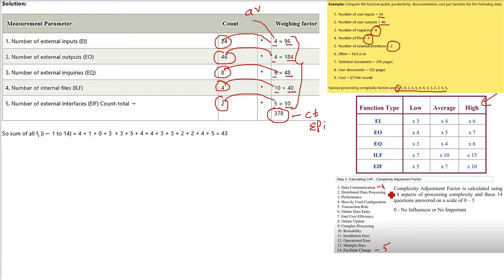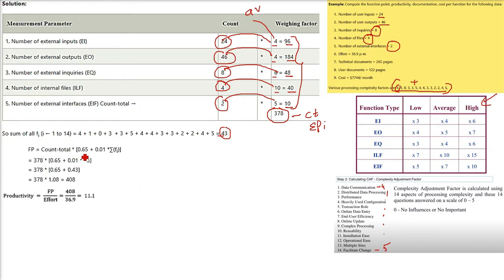These values, 4, 1, 5 and so on, are already given in the question, so we just add them and get 43. Don't go into the computation detail, just know how we do it. Sigma Fi is 43, count total is 378. Then we know the formula: 0.65 plus 0.01 into sigma Fi, multiplied by the count total, and you get 408. Now these are the function points.